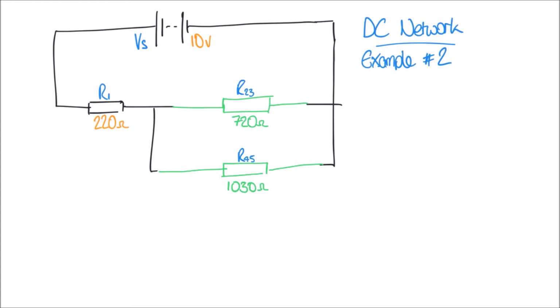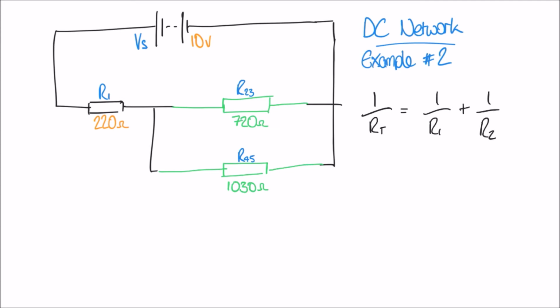We have 720 ohms and 1030 ohms, and we've covered how to combine resistors in parallel by using the parallel resistor formula, which looked like this: 1 over RT equals 1 over R1 plus 1 over R2.